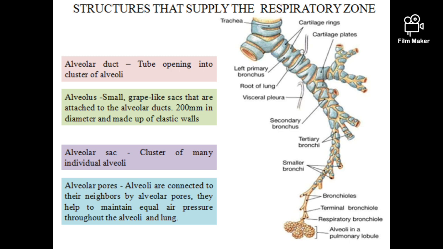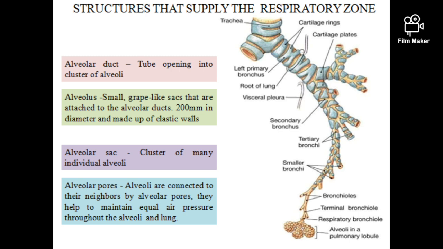When we talk about the structures that supply the respiratory zones, this particular slide takes us back to module 1, where the trachea branches into the bronchi, bronchioles and respiratory bronchioles, which enter the alveolar duct and the alveoli.